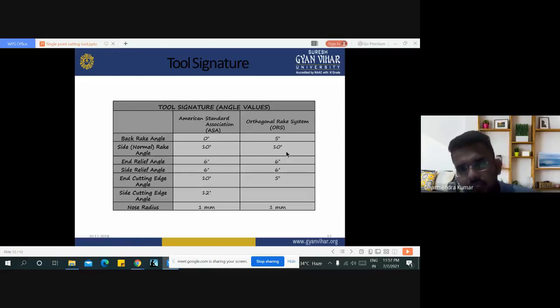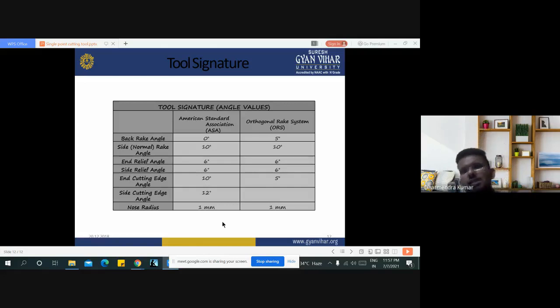The side cutting edge angle is approximately equal to the American Standards Association angles. Nose radius is equal according to both associations.